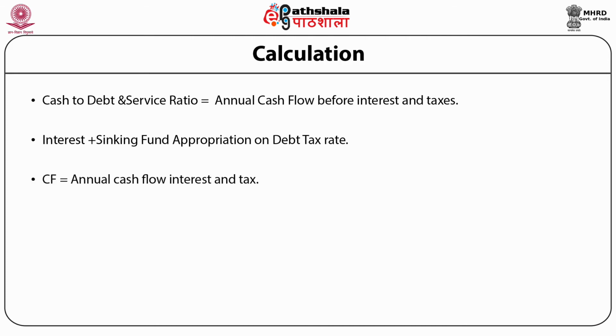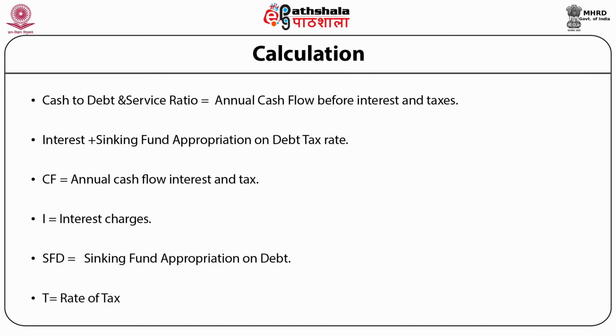CF stands for annual cash flow before interest and tax, I stands for interest charges, SFD is sinking fund appropriation on debt, and T is rate of tax.